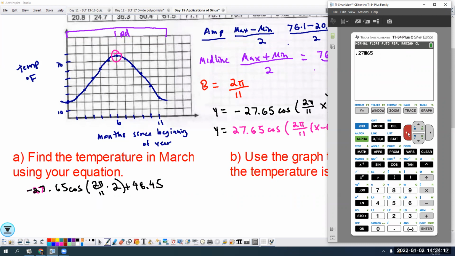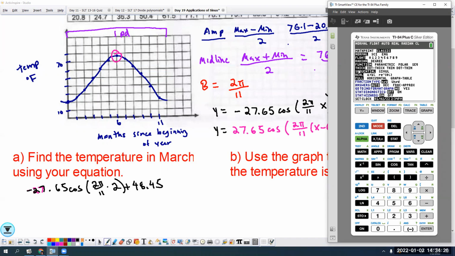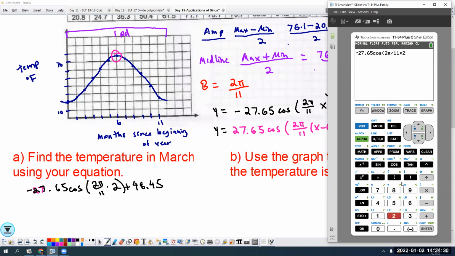I'm so not going to be using this online calculator. Cosine. Now, just double check your mode. We want to be in radian mode here, which is what I'm in. 2 pi divided by 11 times 2, and you don't need parentheses around the 2. You're good like that. Plus 48.45. Just double check. Looks all typed good.